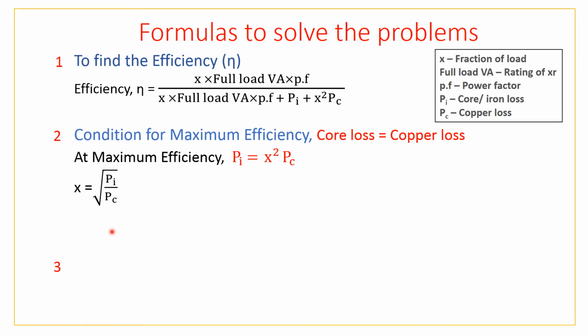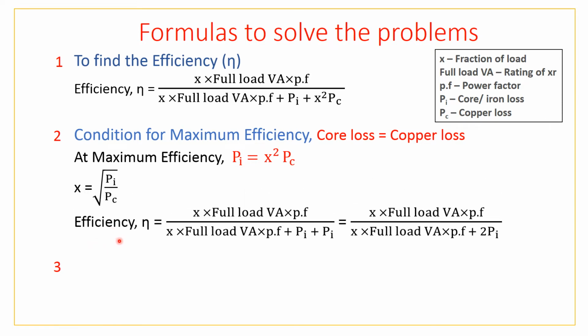So remember this. Therefore efficiency is equal to X into full load VA into PF by X into full load VA into PF plus PI plus PI. Why did I substitute here PI plus PI? Because at maximum efficiency, core loss is equal to copper loss, right? So X square PC, I can replace it by PI.